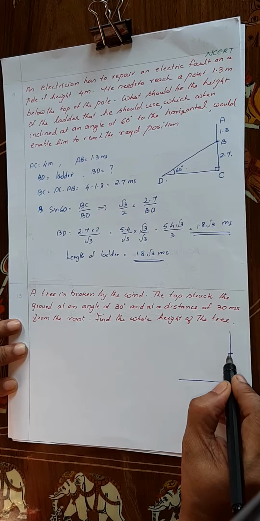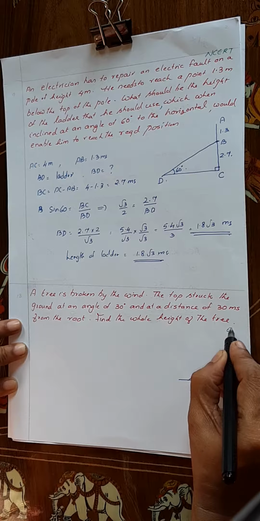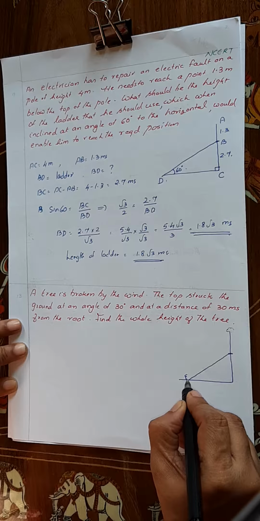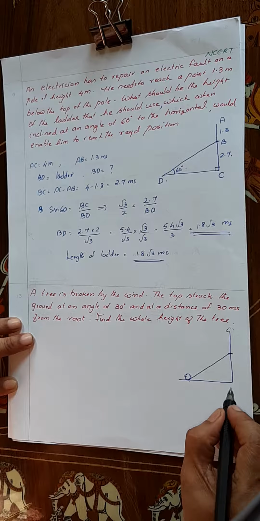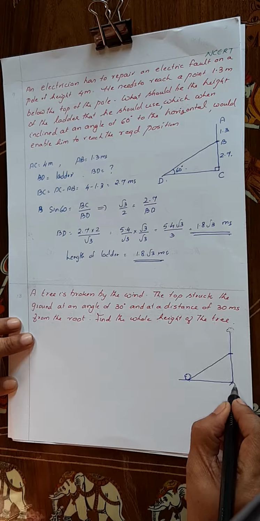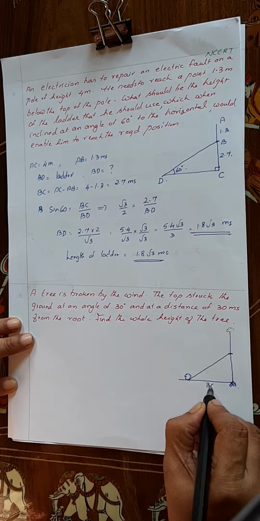And the tree is fallen like this now. This is actually the tree. Now it has fallen on the ground in this, and at a distance of 30 meters from the root. So this is the root. So this length is 30.